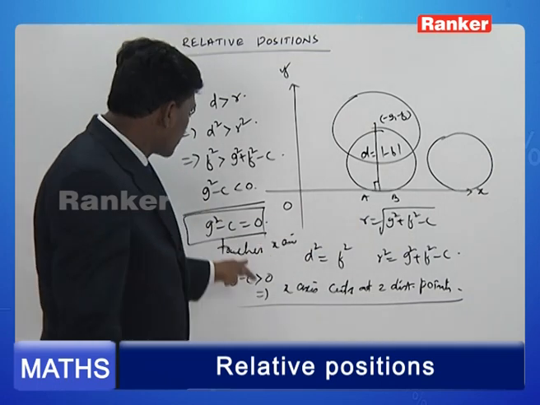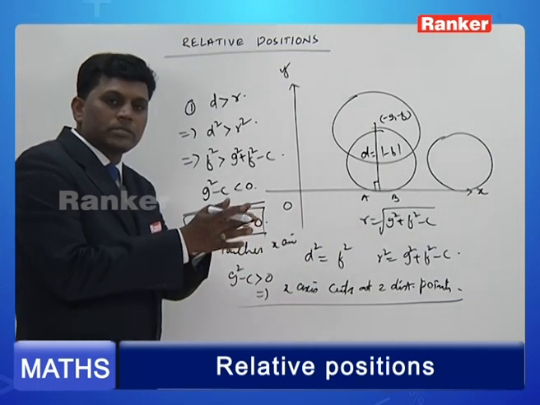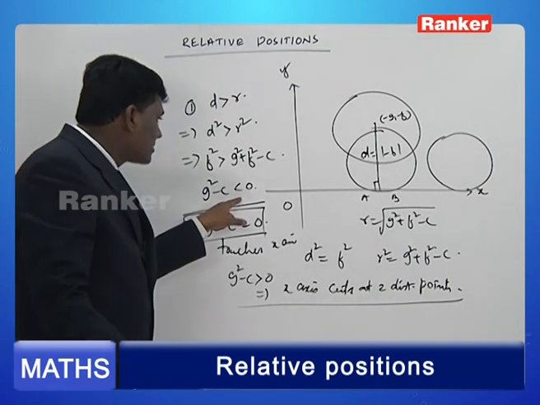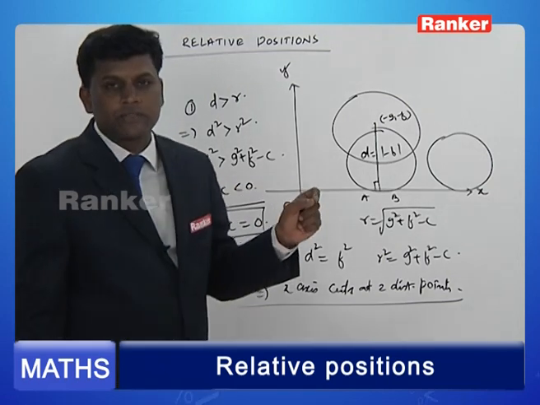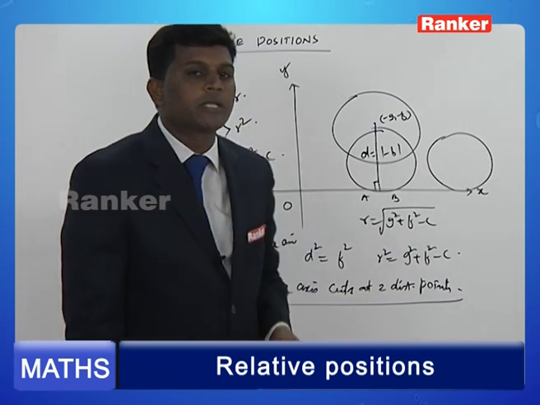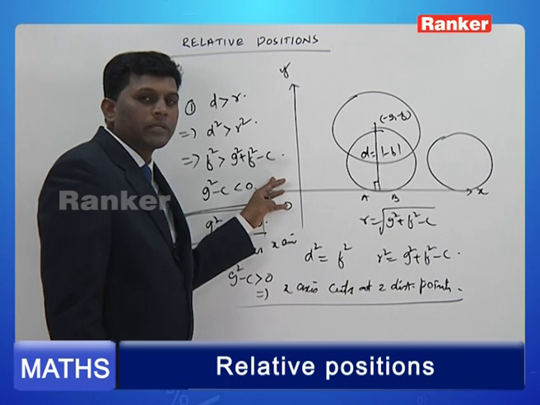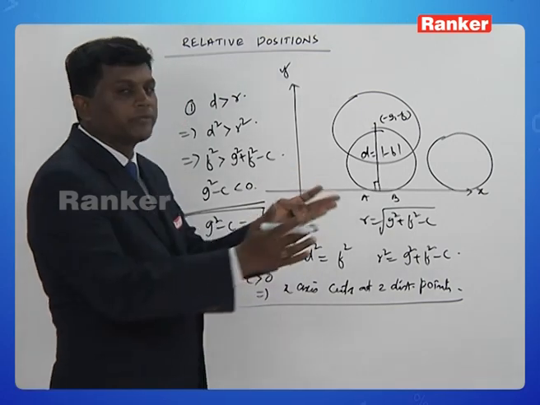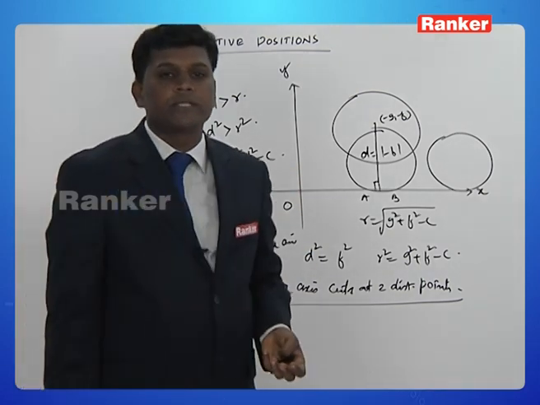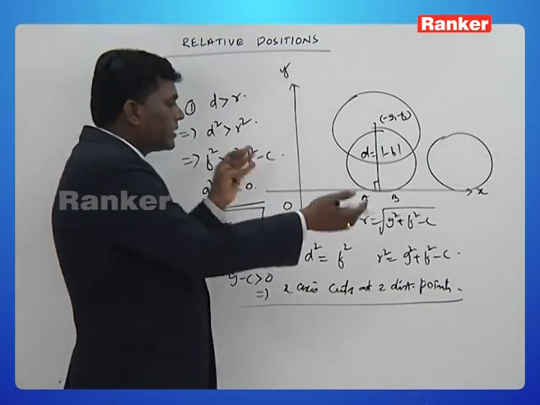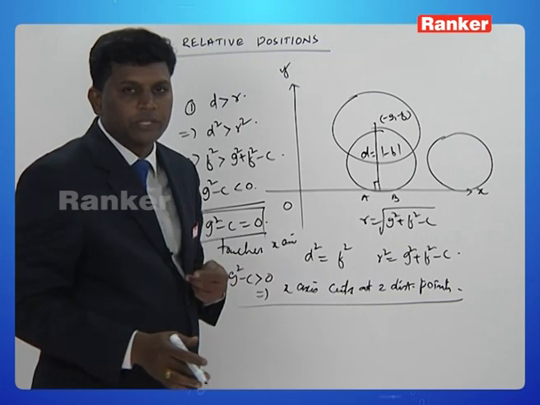If g square minus c is greater than 0, the circle cuts the x axis at two distinct points, and if g square minus c is less than 0, the circle does not meet the x axis. Very sensibly, questions can be constructed on these points by mixing them with various conditions in competitive exams. We will come to all those in coming classes while discussing the problems separately.